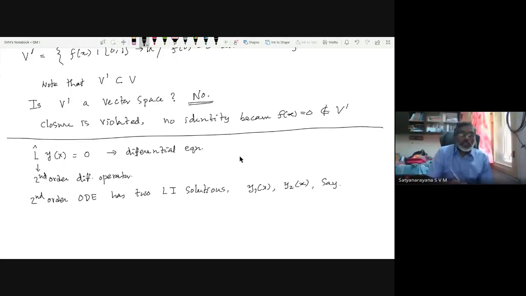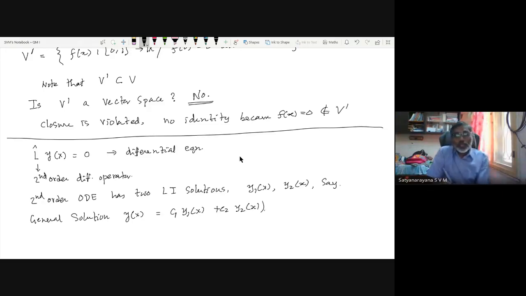So what is the general solution? The general solution y of x can be written as c1 times y1 of x plus c2 times y2 of x.